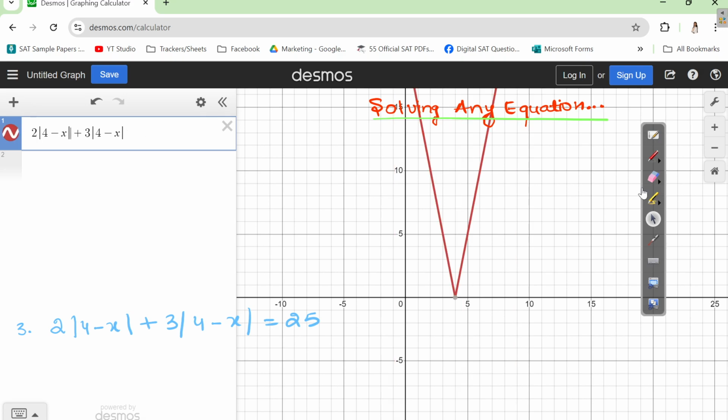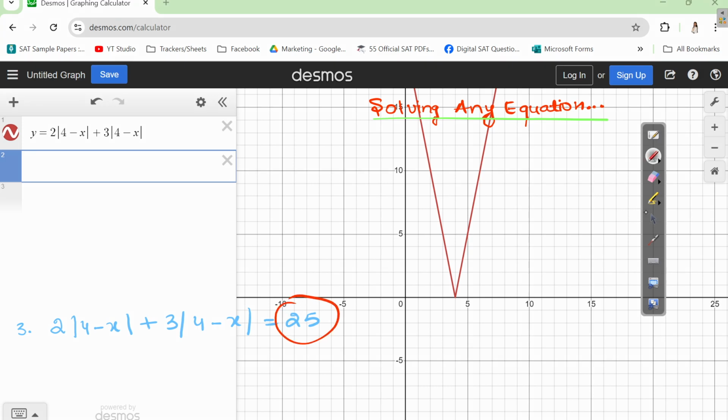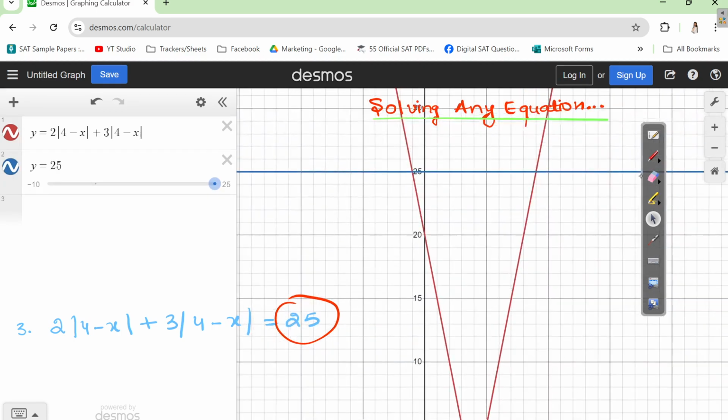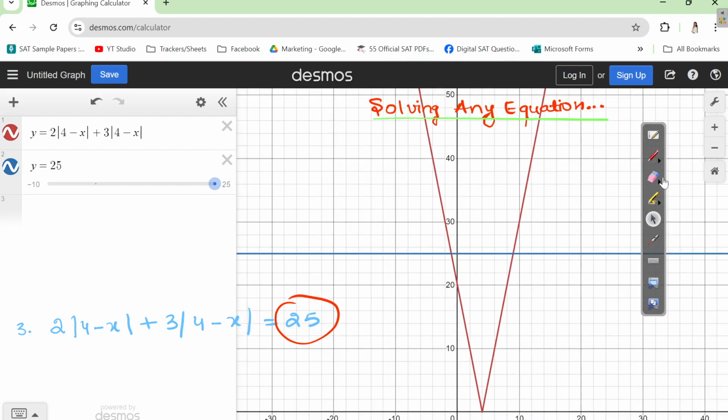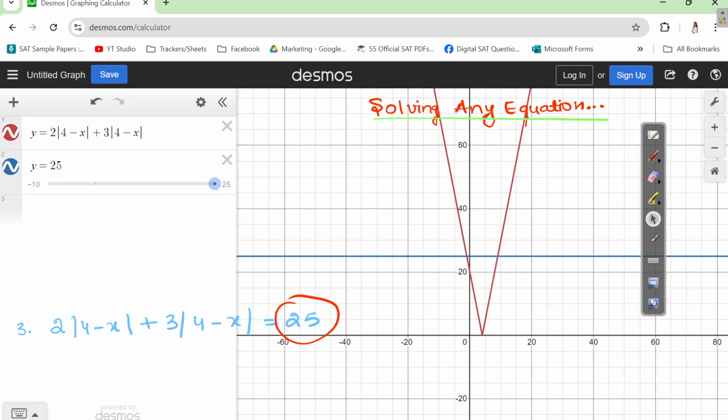So put this expression equal to y, that will give you the graph of the absolute value expression, and then you plot the right hand side. So y is equal to 25, and zoom it out. So you see the two graphs.